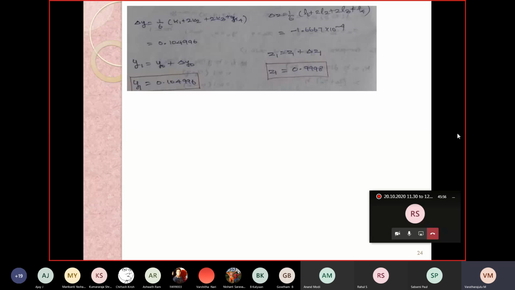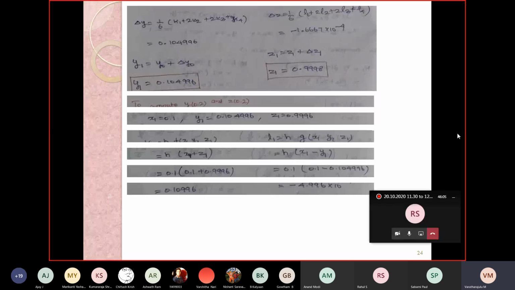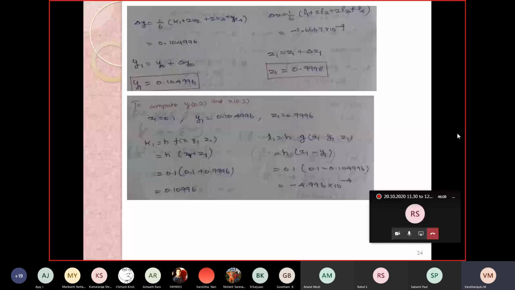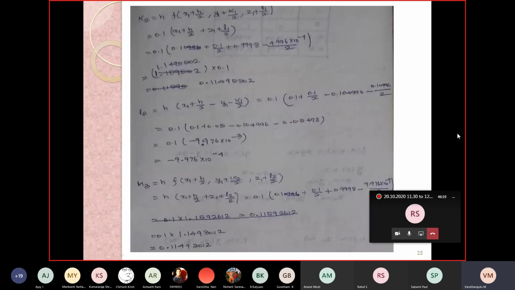Our y1 is equal to 0.141049996, and z1 is equal to 0.998. Similarly, we need to find the value of y of 0.2 and z of 0.2, with the k1 and l1 values, and the k2, l2, and k3.